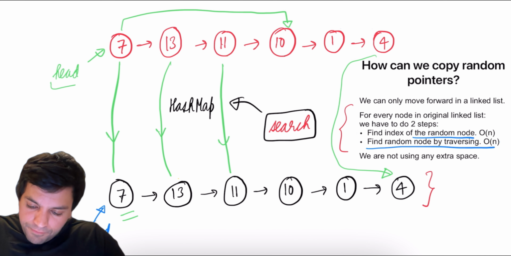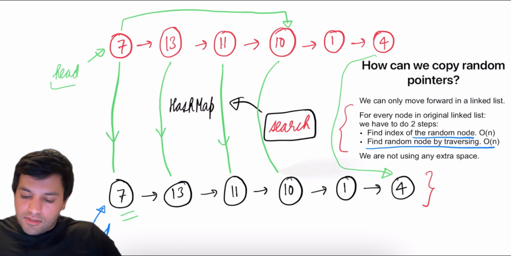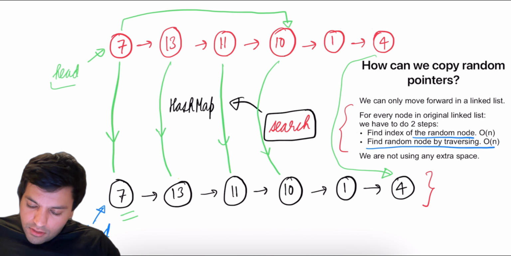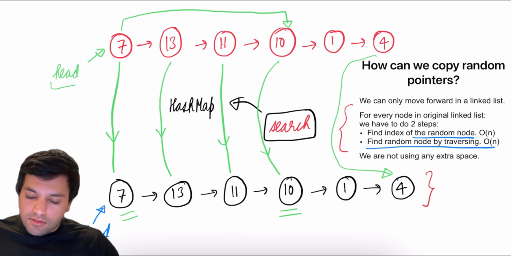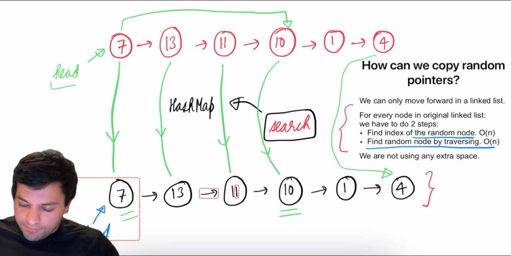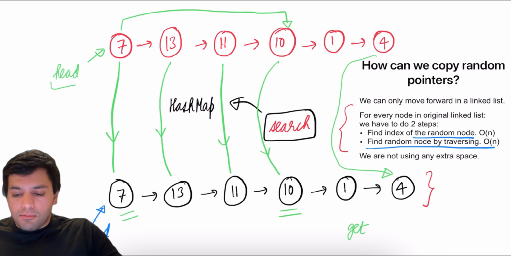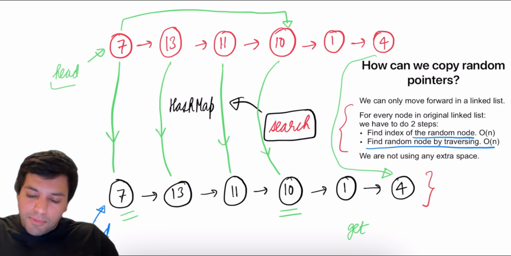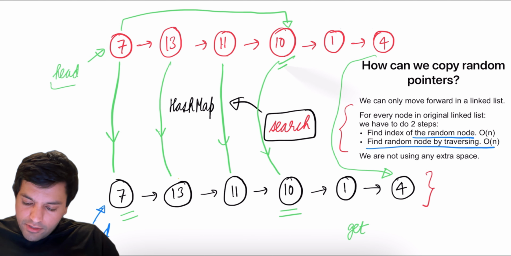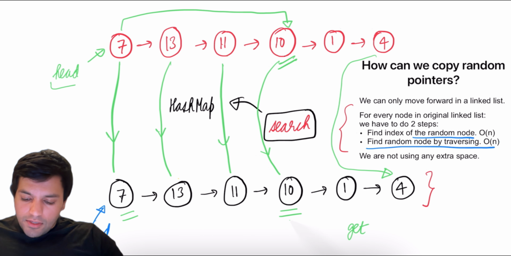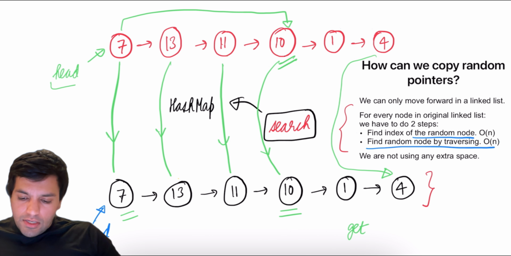Here we can quickly get the random node in our new linked list by just doing a get operation on our hash map. So when we do 7.random, we get this node 10, and then we do map.get and pass in this node, and we get the new node 10. Then we can assign 7.random to node 10 in our new linked list, and so on.